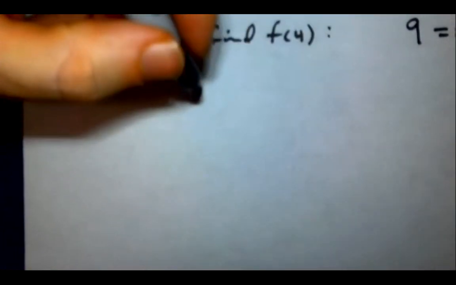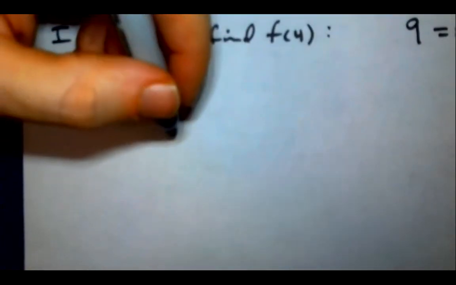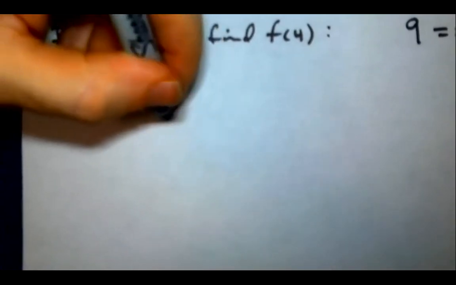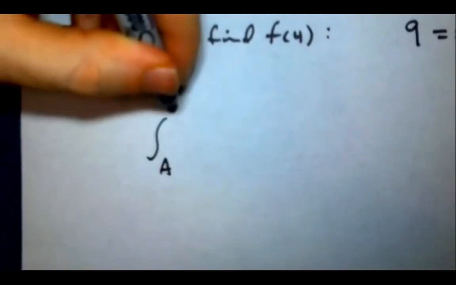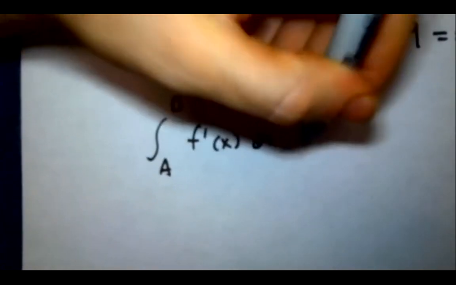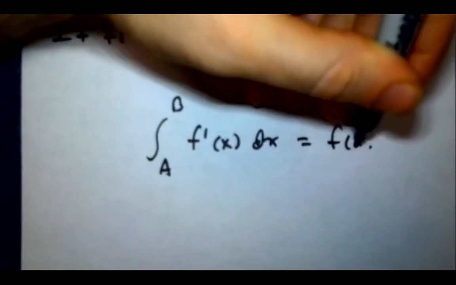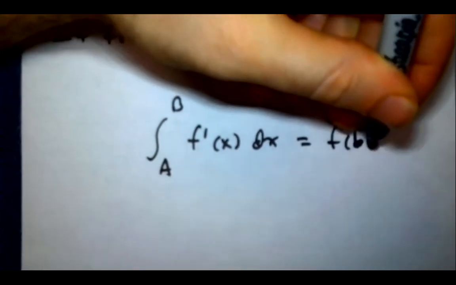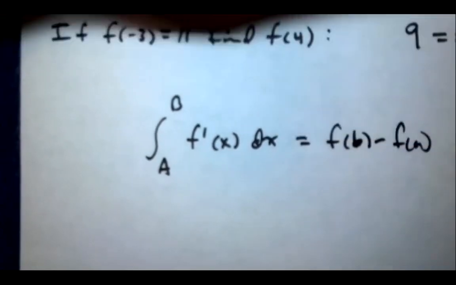So now, before we get into Riemann sums, let's think about some other variations of our FTC problem. Right now I've been saying, whatever my bounds are, I'm going to integrate f prime of x dx, and that's going to give me f of b minus f of a.